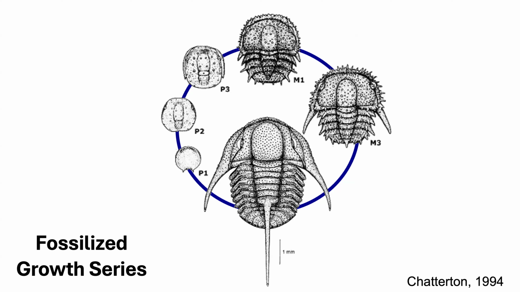So in these cases where we've got the preserved growth series, you can find these tiny little ones and then establish the sequences, because luckily the trilobites grow in a rather clockwork way. So it's quite easy generally to connect one stage to the next stage. They don't show tremendous metamorphosis, for example.